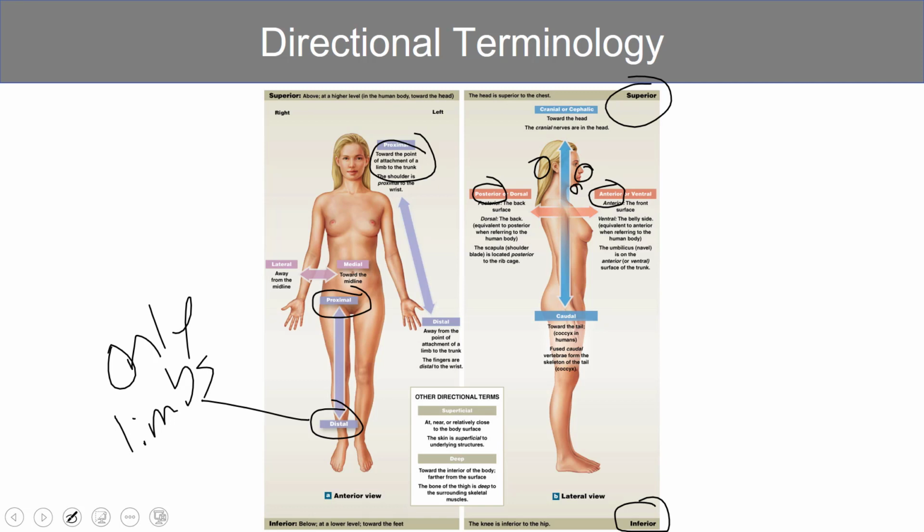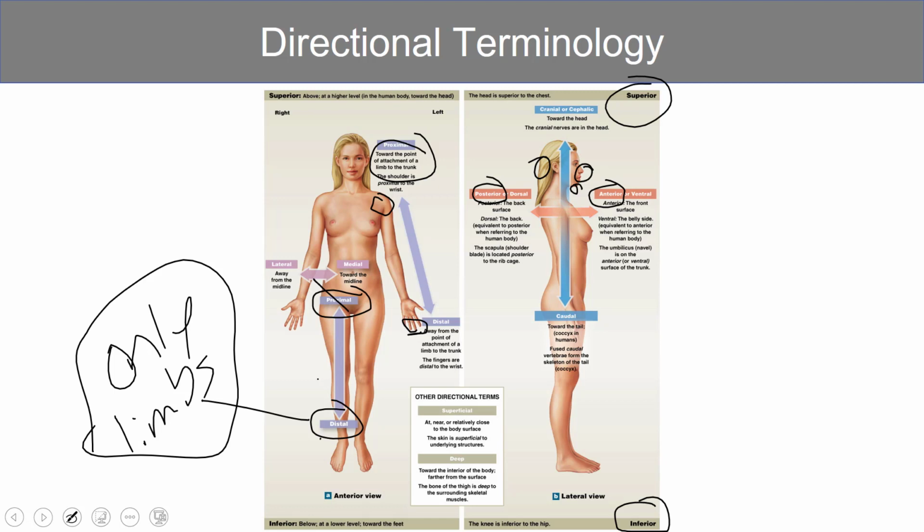If you consider the leg, the point of attachment is right here at the hip. And we can say that the knee is proximal to the ankle. That would be a proper statement. The knee is closer to the point of attachment than the ankle. The fingers are distal to the shoulder. They're further from the point of attachment than the shoulder. So there's another set of terms that are used, and again, only with respect to the limbs.